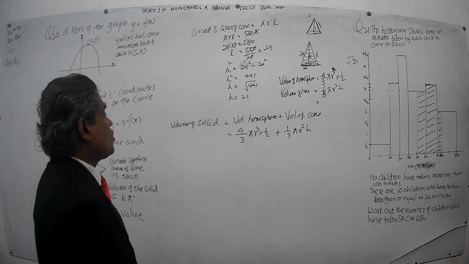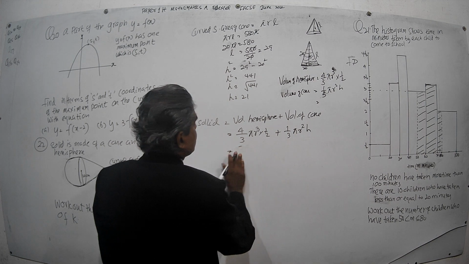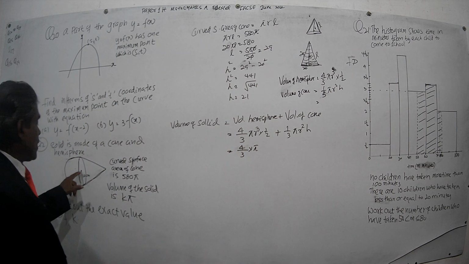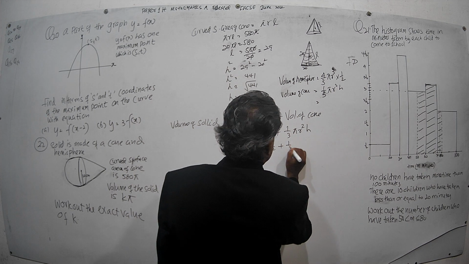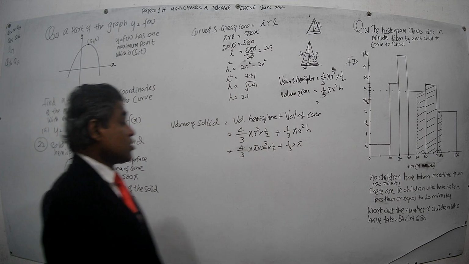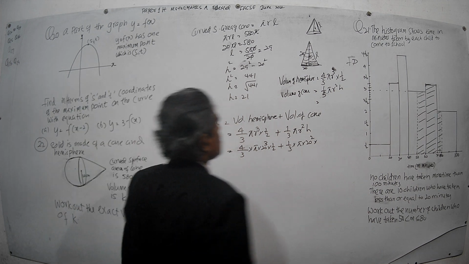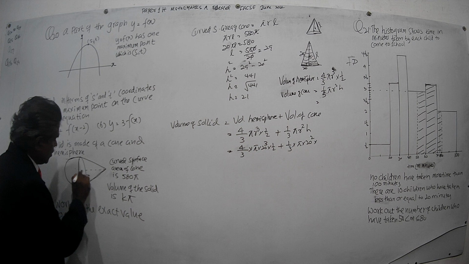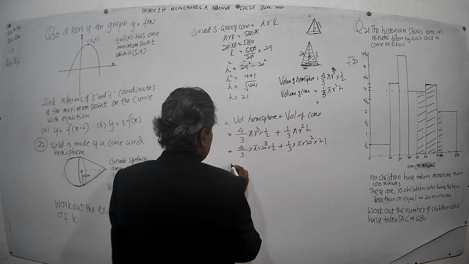Now we substitute the relevant values: 4 over 3 into pi into 20 cube, into half, plus 1 over 3 into pi into 20 square, into h. The radius of the cone is the same as the radius of the hemisphere, 20. The height of the cone means the perpendicular height, that is h, which we found is 21.